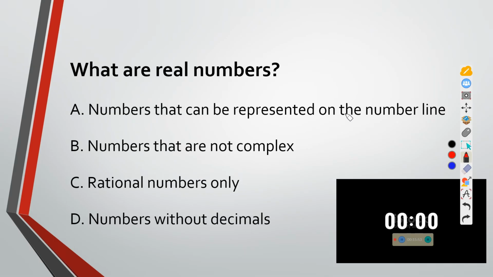Real numbers are numbers that can be represented on a number line. That is the answer. Numbers that are not complex, not necessarily rational numbers only, numbers without decimals, not necessarily.